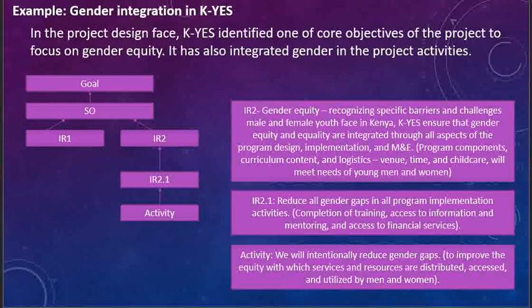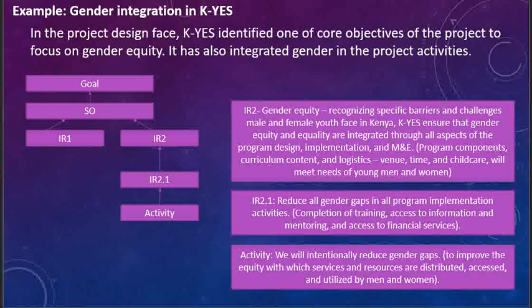Access to information. So if there is a difference between the genders in access to information, we have to consider that. Mentoring, access to financial services. We are aiming to have all genders have equal access to financial services.